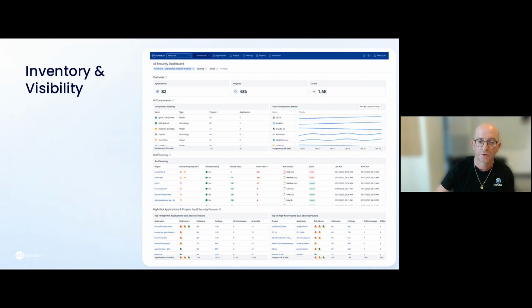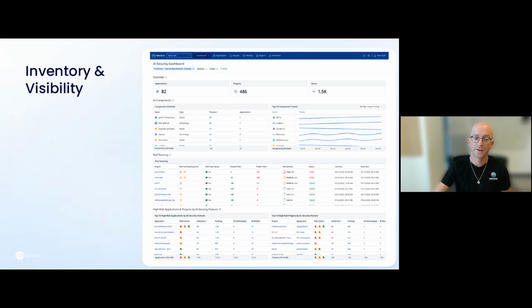You have a whole section around managing red teaming. So detection of which applications require red teaming. This is based on the fact that they're using vulnerable models, or they are part of an application that is accessing sensitive data, or just the fact that they are conversational AI.